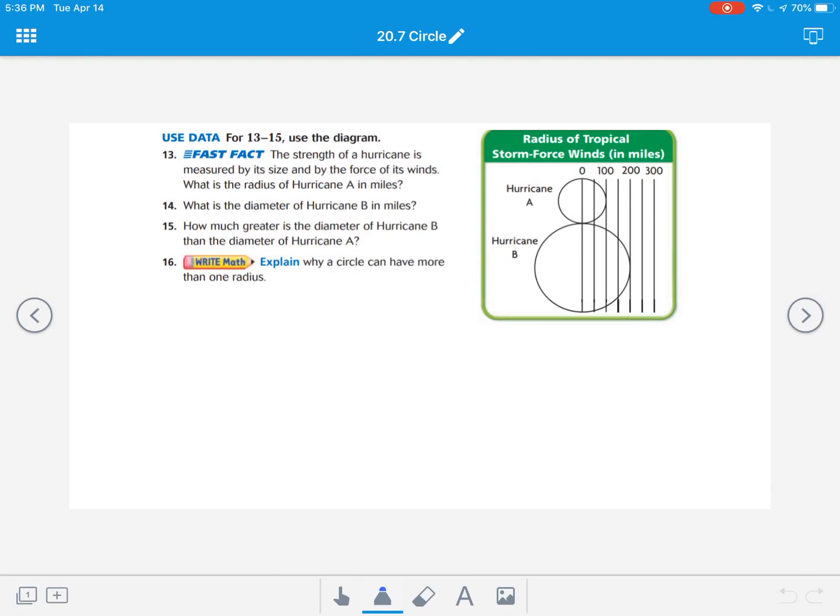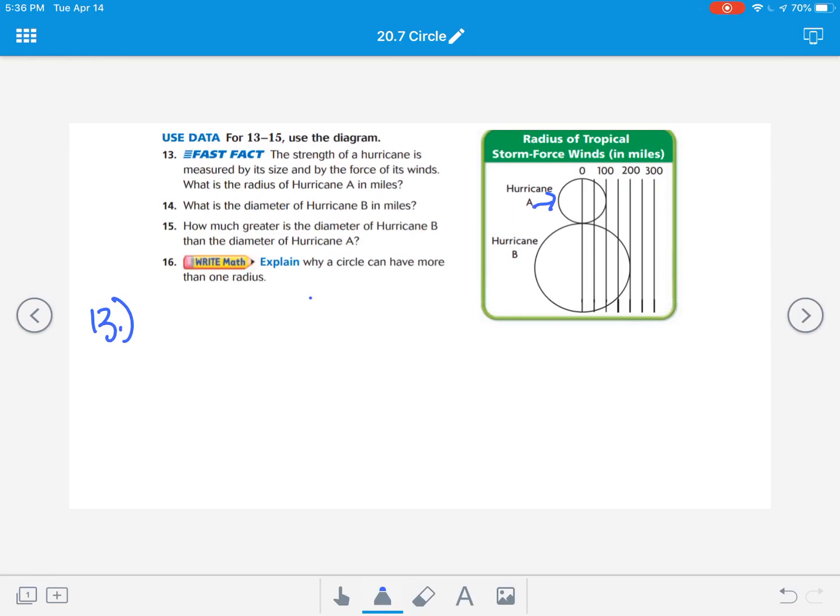So these lines are labeled as radius of tropical storm force winds in miles. So let's break this down together. So we're looking at Hurricane A, which is this one here.